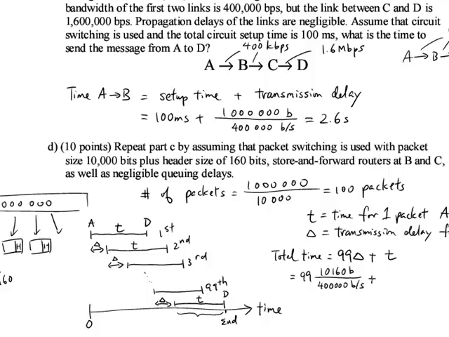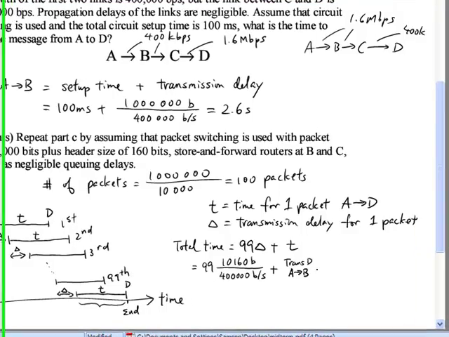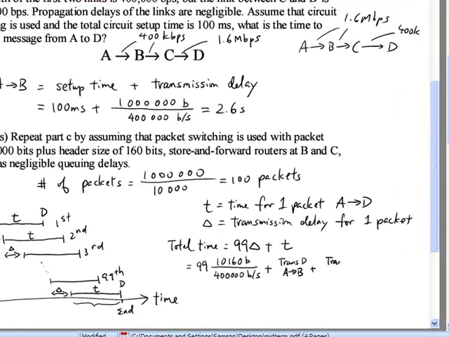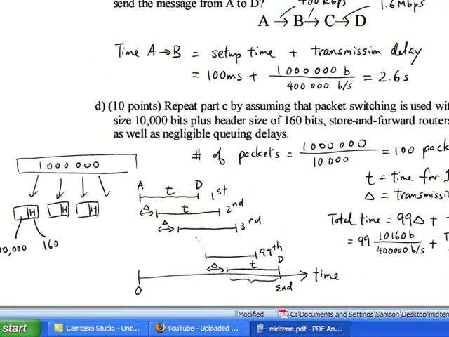T has three components: the transmission delay from A to B, plus the transmission delay from B to C, plus the transmission delay from C to D. Since the question assumed that propagation delay is negligible, we don't have to include those components.